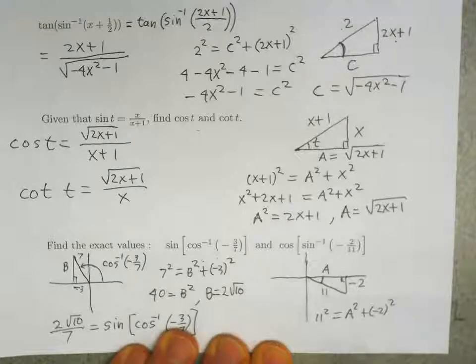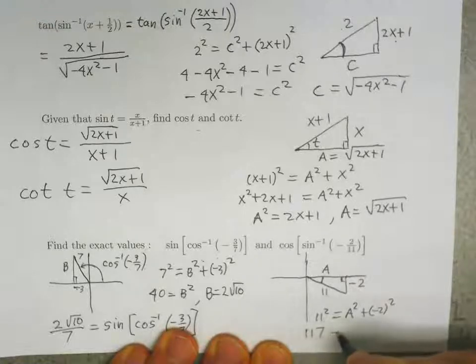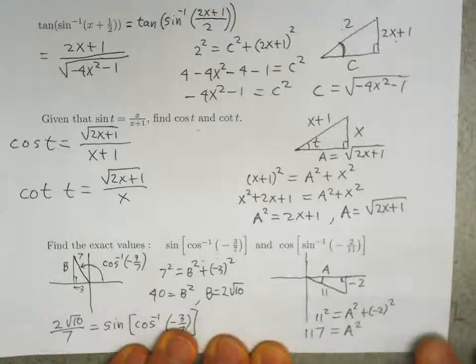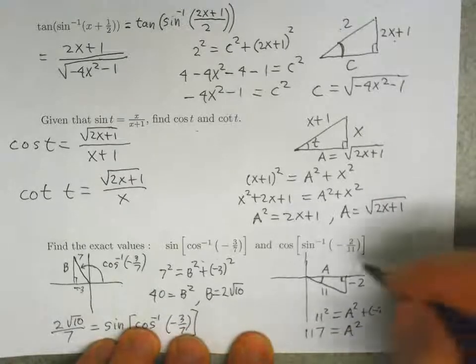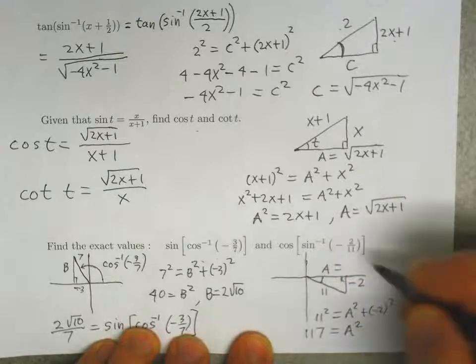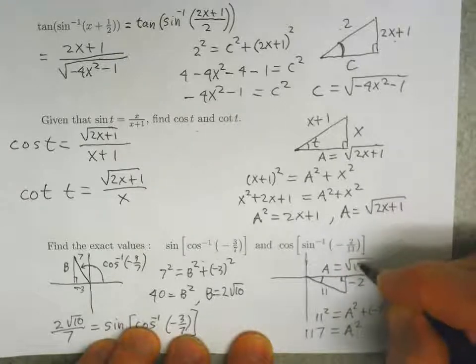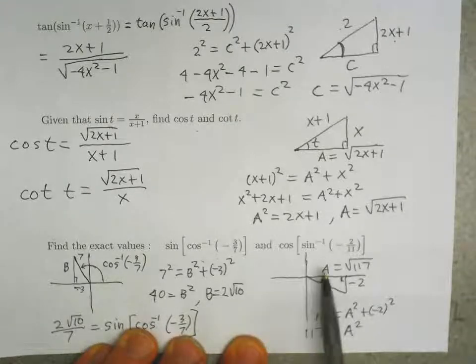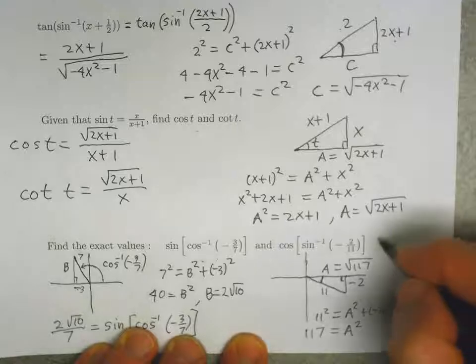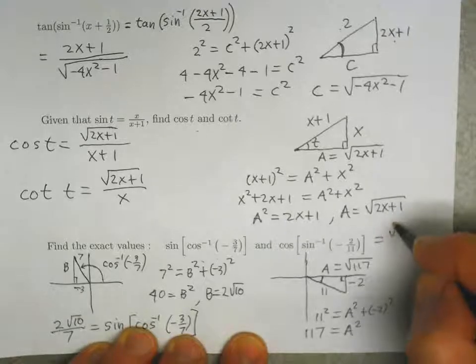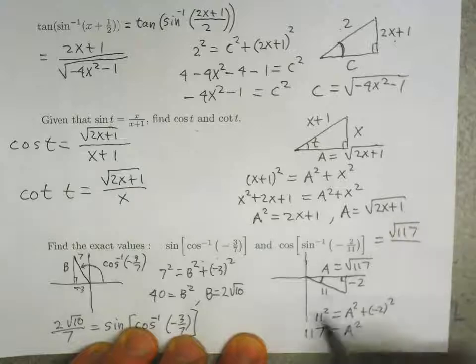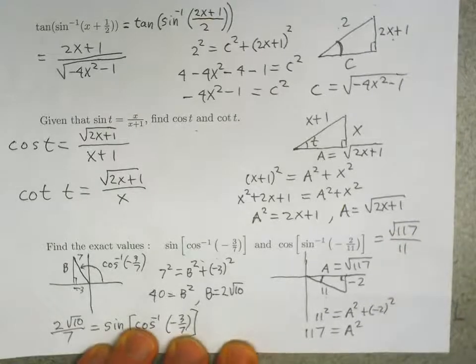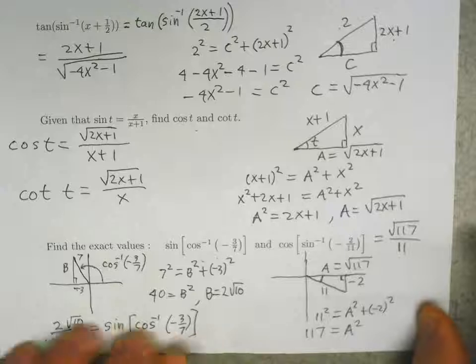And when we subtract 4, we get 117 equals a squared. And so a will just be the positive square root of 117. Okay, so the cosine of this angle, the inverse sine of negative 2/11, is the adjacent side, the square root of 117 over the hypotenuse 11.